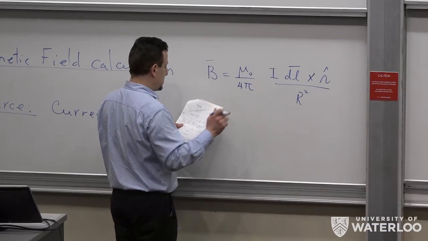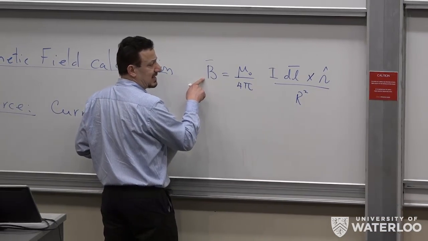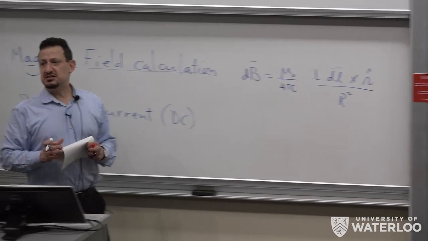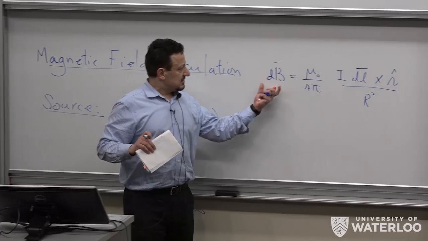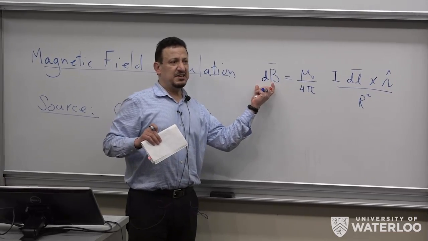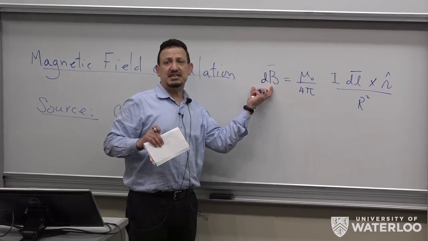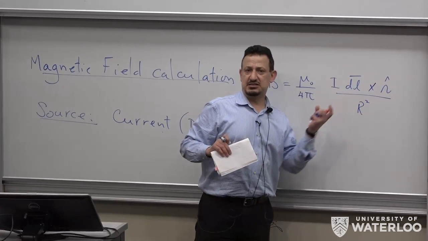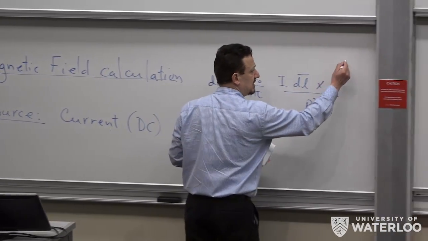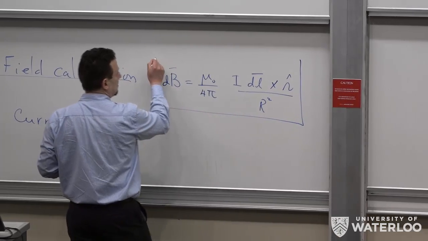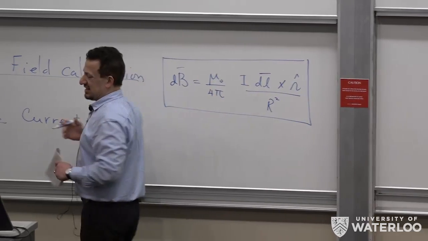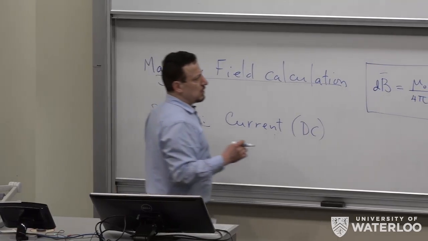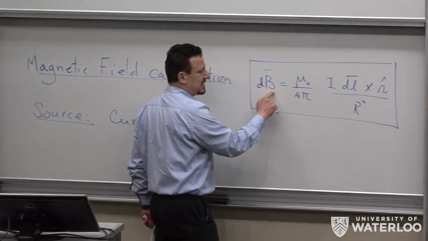This is called the Biot-Savart law, and I like to add a d here, which means that this is an infinitesimal magnetic field due to an infinitesimal current. This is a very important formula for deriving the magnetic field.